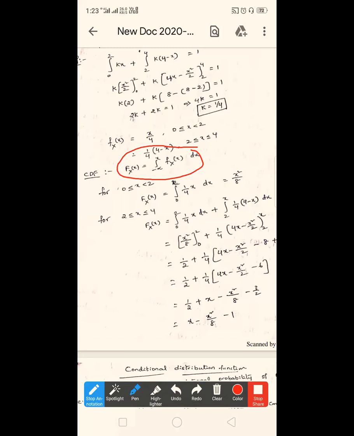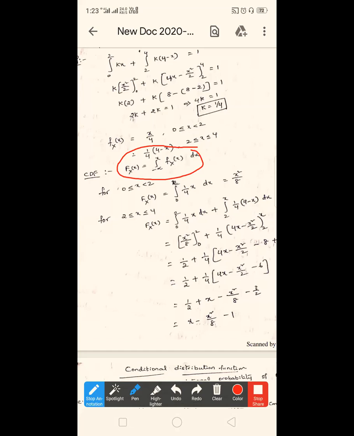So here, what we have to consider is the limits of integration: minus infinity to x. The upper limit must be x only. Don't write infinity as the upper limit, because the upper limit must be x.